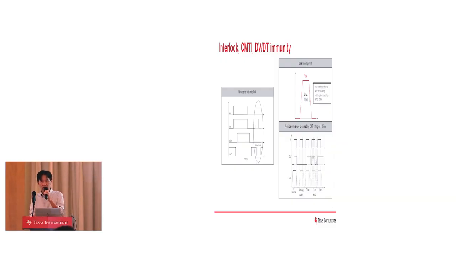Whenever the circuit detects that both inputs are high, it will pull both outputs to the low state. This also prevents the situation where both high side and low side MOSFETs turn on at the same time, causing a short circuit. We call this shoot-through.